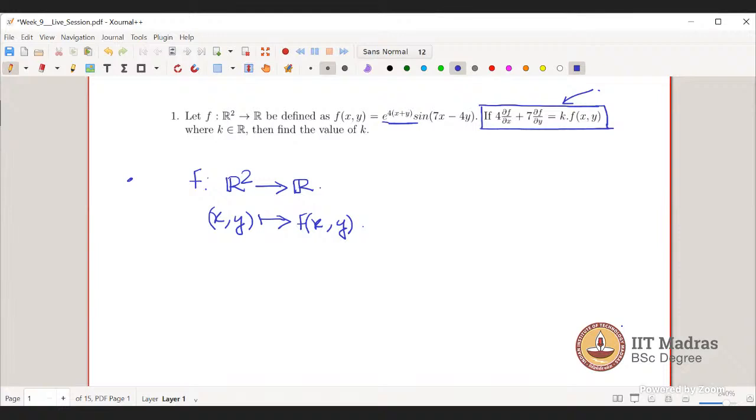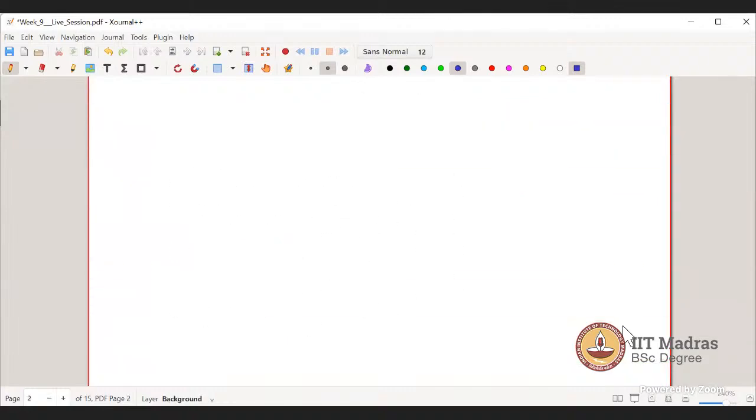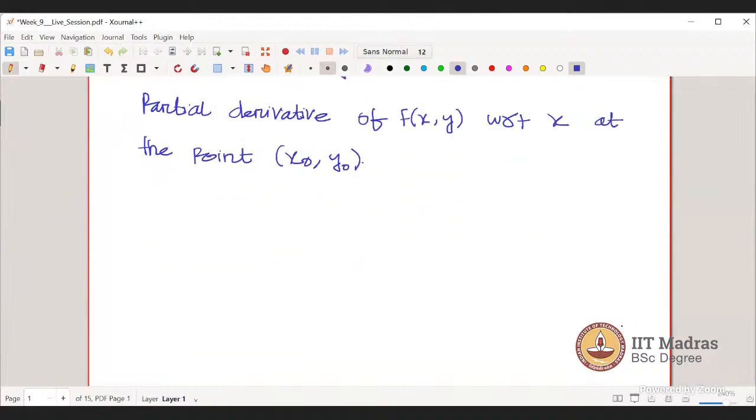The partial derivative with respect to x at the point (x naught, y naught) is denoted by f sub x at (x naught, y naught).